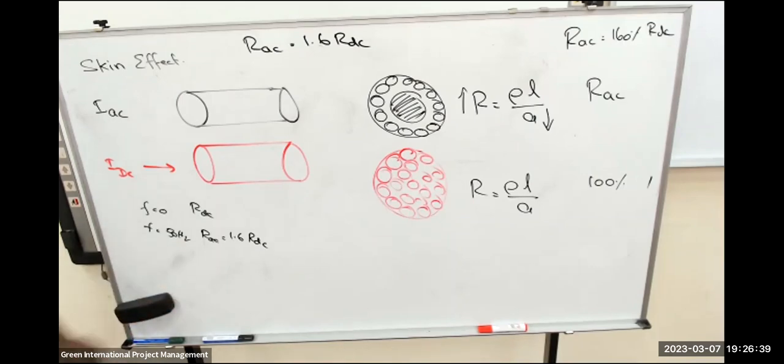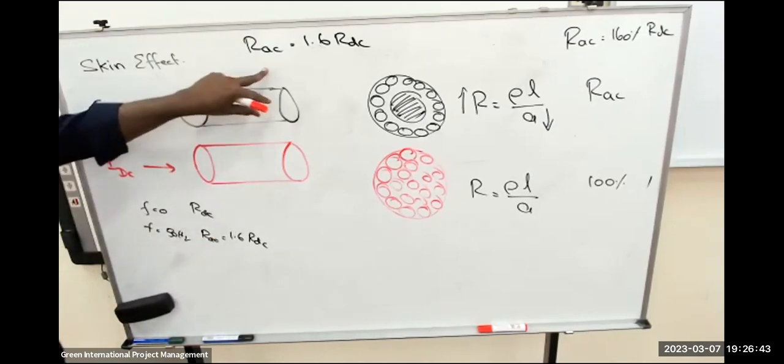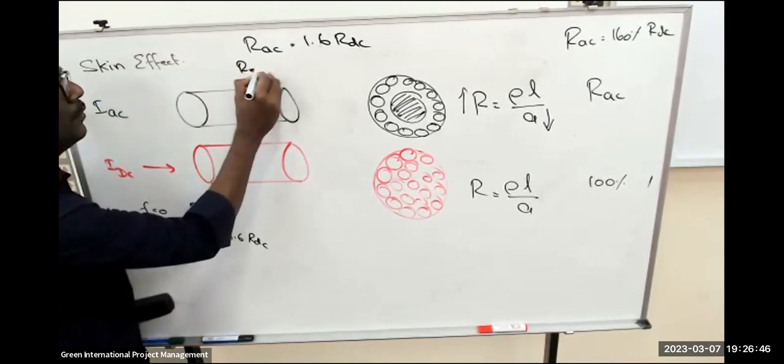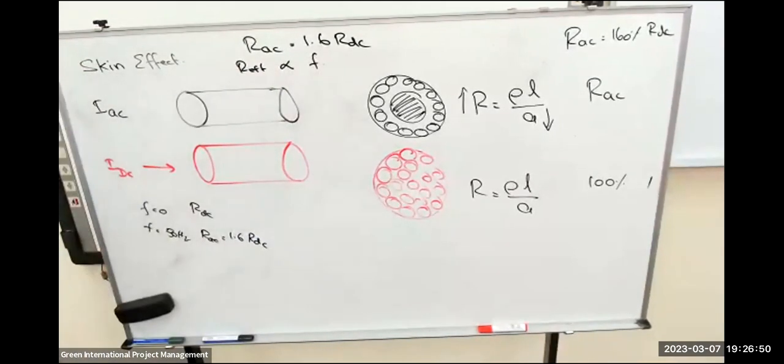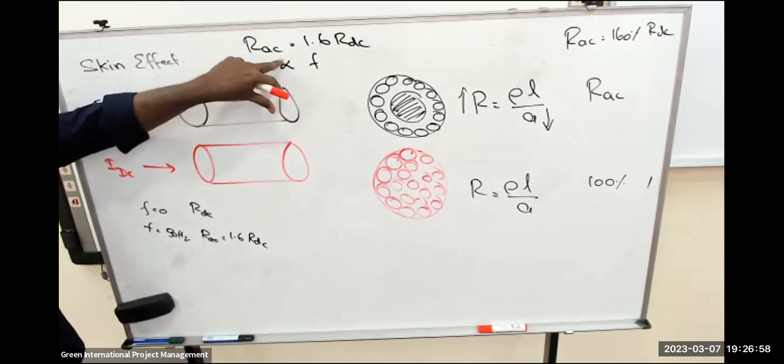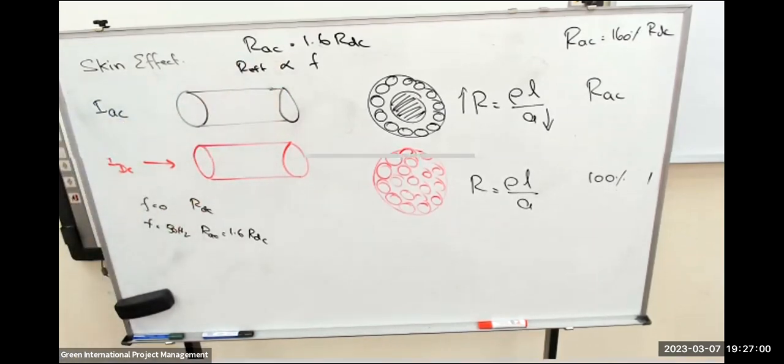So from this example we understand that the effective resistance, R AC or R effective, is directly proportional to frequency. If the frequency increases, R effective increases. For understanding purposes we say R AC, but in general we use the word R effective.